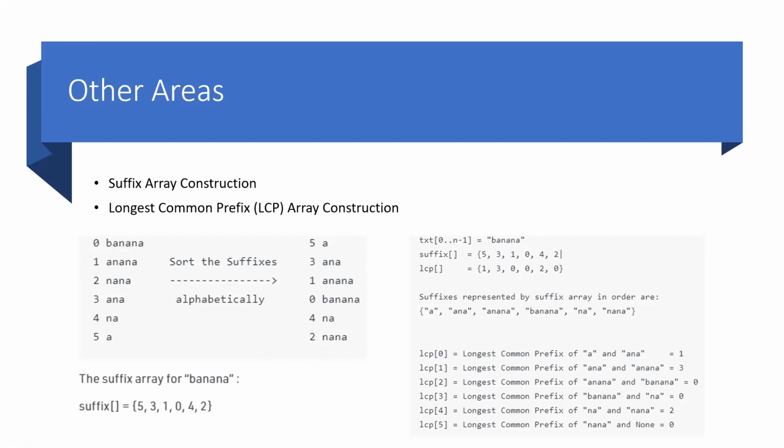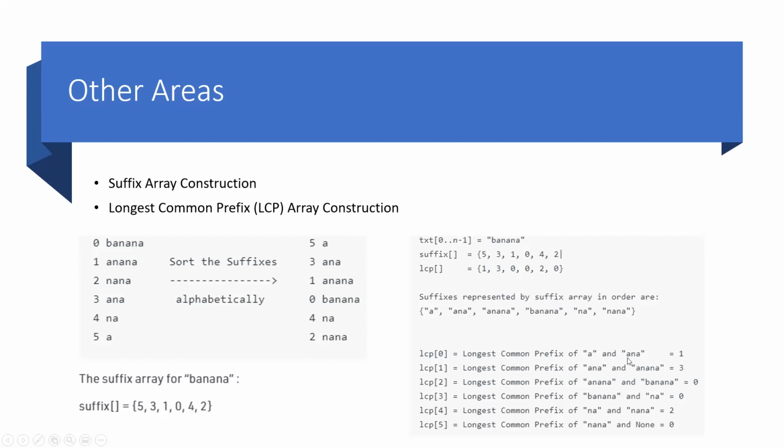There's also the longest common prefix, LCP array construction, where if we take banana again and find the suffix array of it, it compares the current array index to the next one, so A and ANA, and it sees what's the longest common prefix.